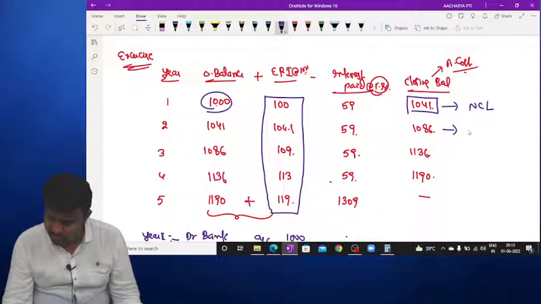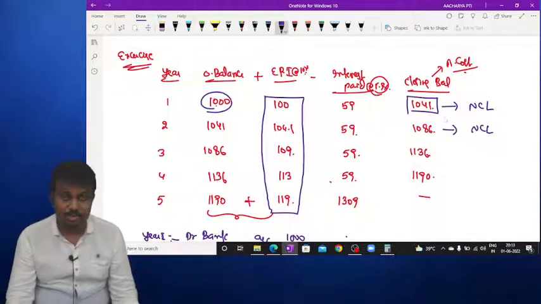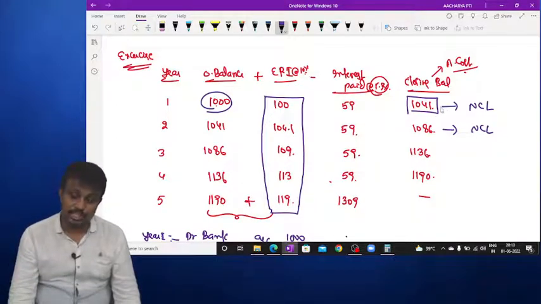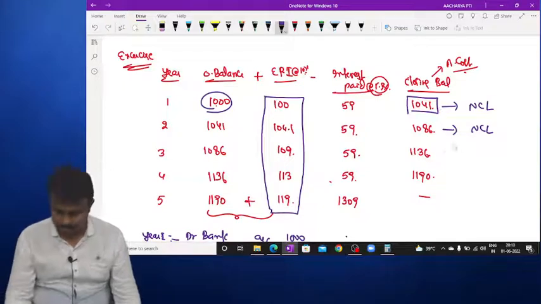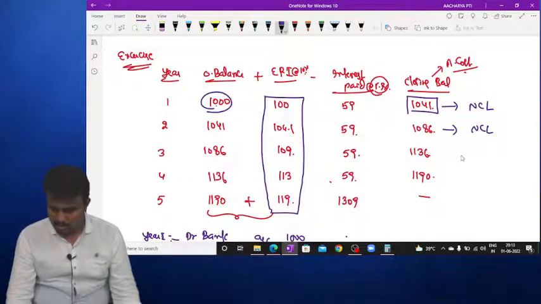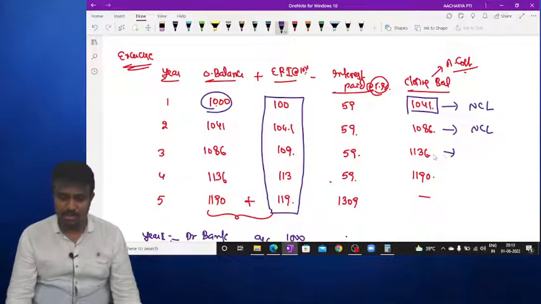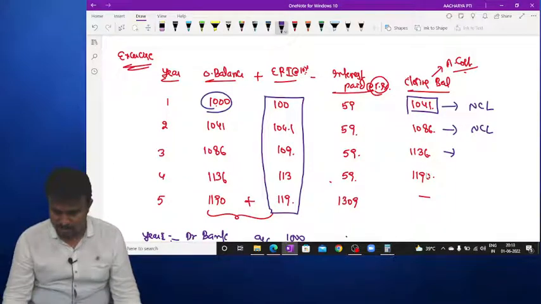And at the end of the second year also non-current liability. Why do we show it under non-current liability? Because the obligation is liable to pay after 1 year. For the third year also it is required to pay after 1 year, means after the fourth year, but one more year is there. So we have to show it under non-current liability.